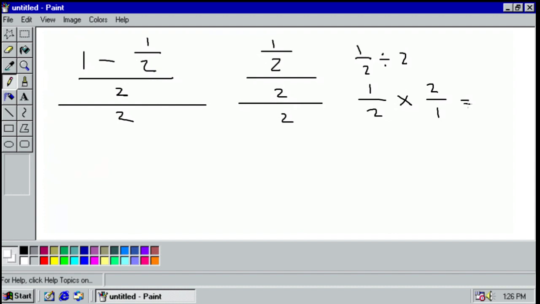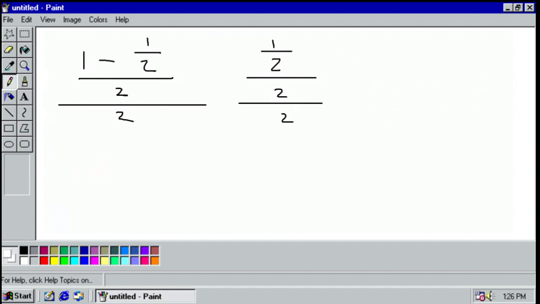Since we have an invisible 1 here, that would be 1 half times 1 half, giving us 1/4.